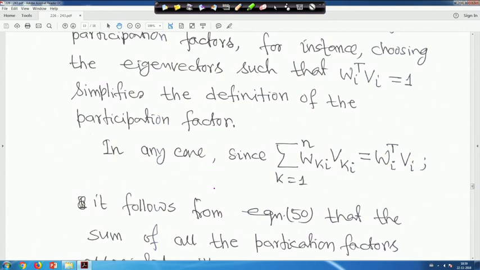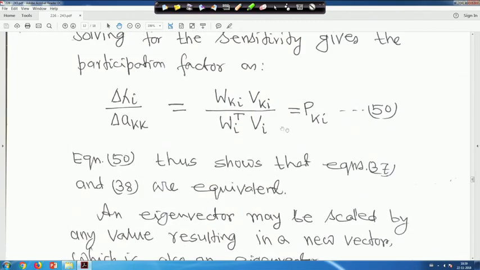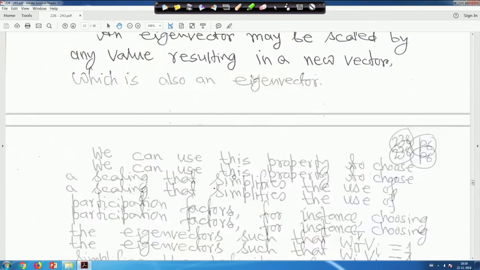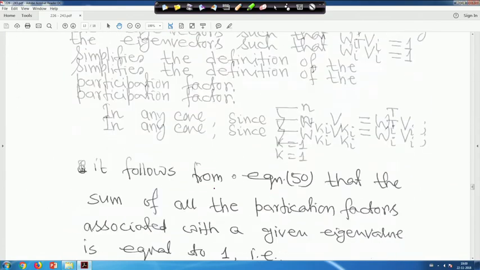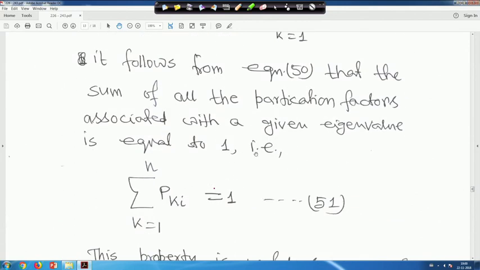It follows from equation 50 that the sum of all the participation factors associated with a given eigenvalue is equal to unity, that is 1. That means the sum over k equal to 1 to n of p_ki is equal to 1. This is equation 51, that means it is normalized.